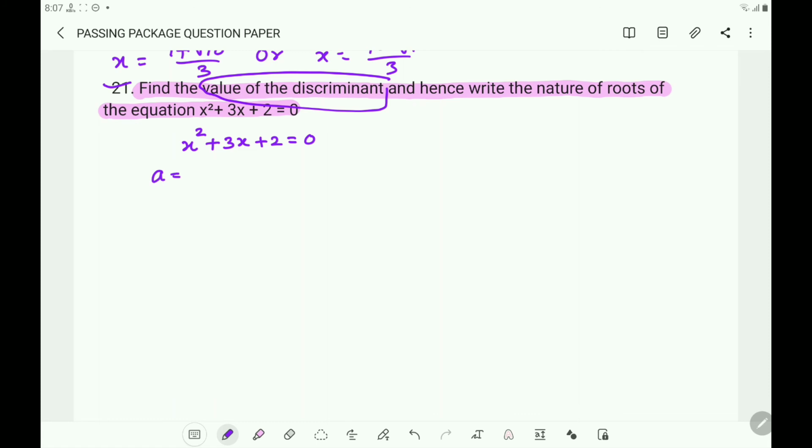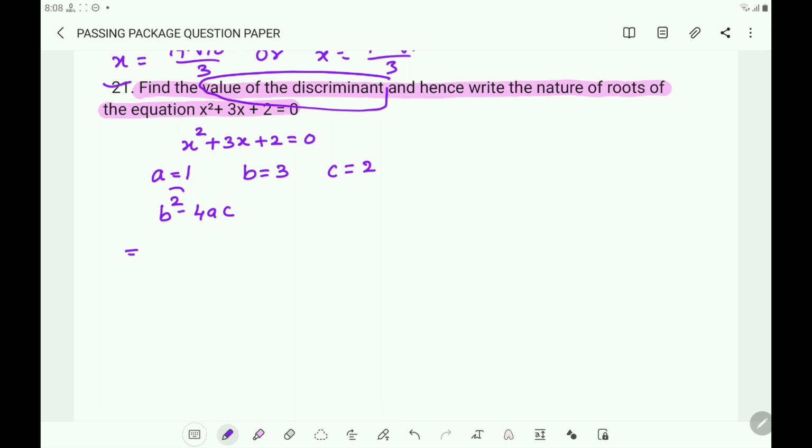So you write a value, b value and c value. What is the value of a? That is the coefficient of x square, 1. And what is the value of b? Value of b is 3. Next, value of c is 2. Now we have to find the value of the discriminant, means value of b square minus 4ac.